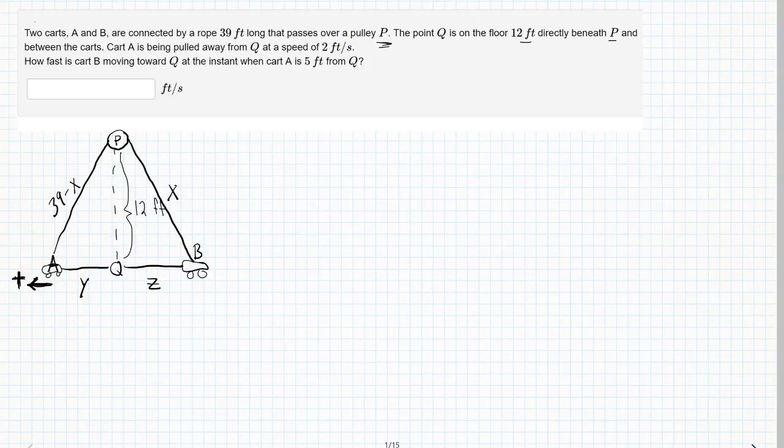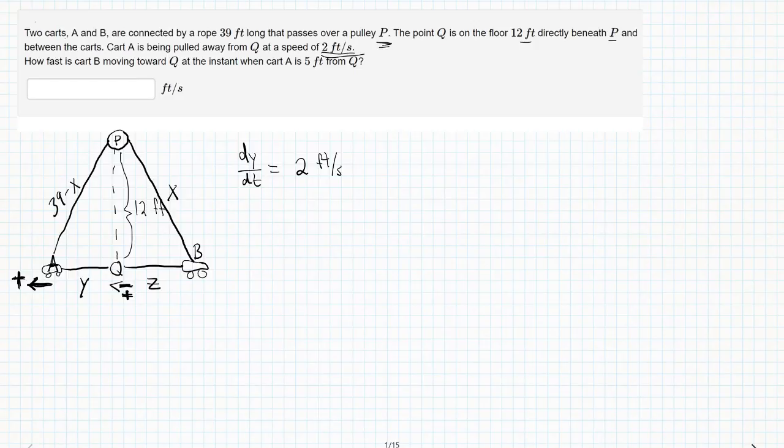So everything heading in this direction is going to be positive. So heading towards Q if you're B, heading away from Q if you're A. So if that's the case, what we know by that 2 feet per second is that we have dy/dt equals 2 feet per second.